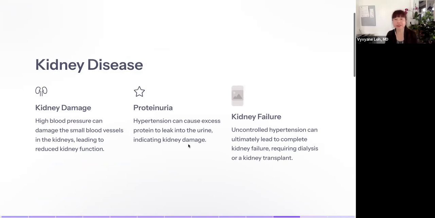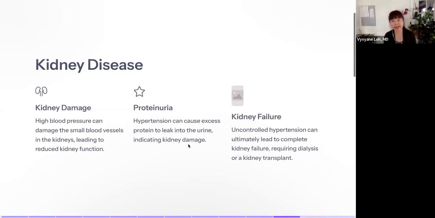So if we start to see protein in the urine, it's never a good thing. It's always a sign of kidney damage. So if you hear that you have proteinuria, if your doctor tells you that, it means you have kidney damage. And if you're not going to protect your kidneys, ultimately you could get to a point of complete kidney failure.